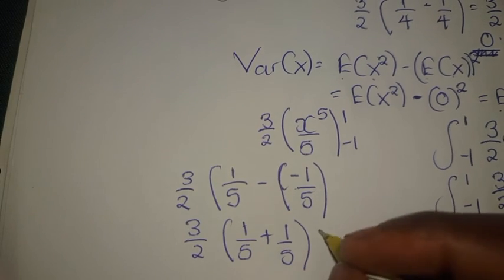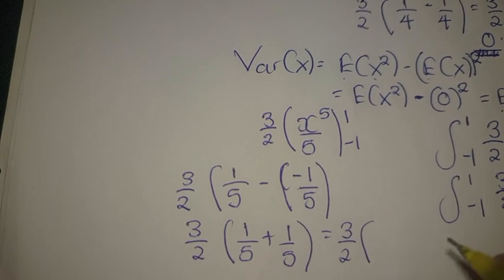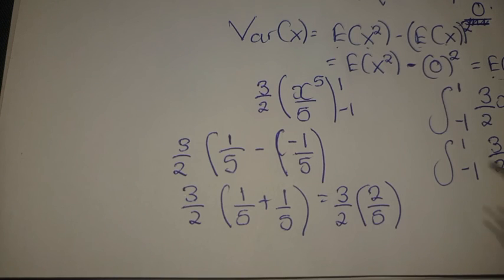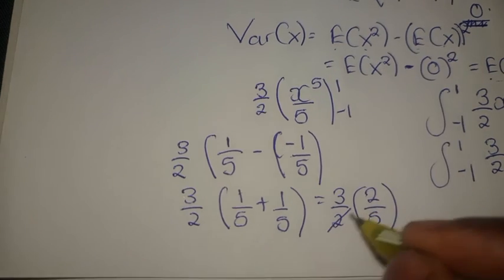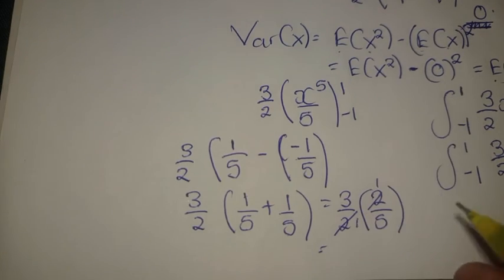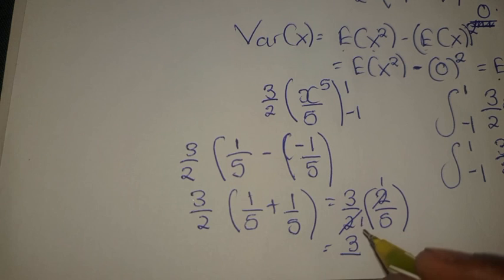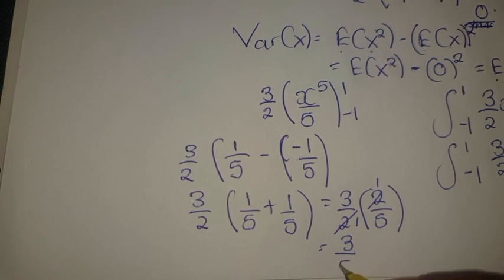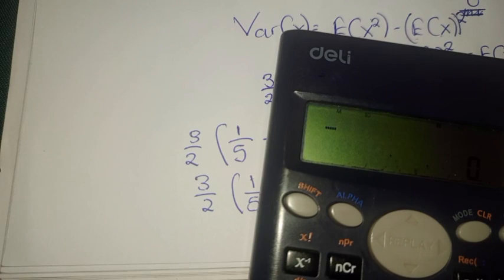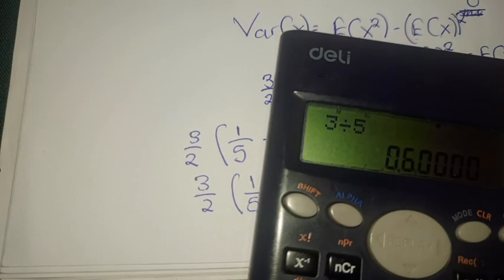Then 1 plus 1 is 2, so we have 2/5. Remember, this is now the resulting outcome. If the denominators are the same, you just add the numerators. So here we can cancel, and we have a 1 and a 1 there. Then 3 times 1 is 3 over 1 times 5 is 5. And 3 over 5, the resulting outcome we get is 0.6.